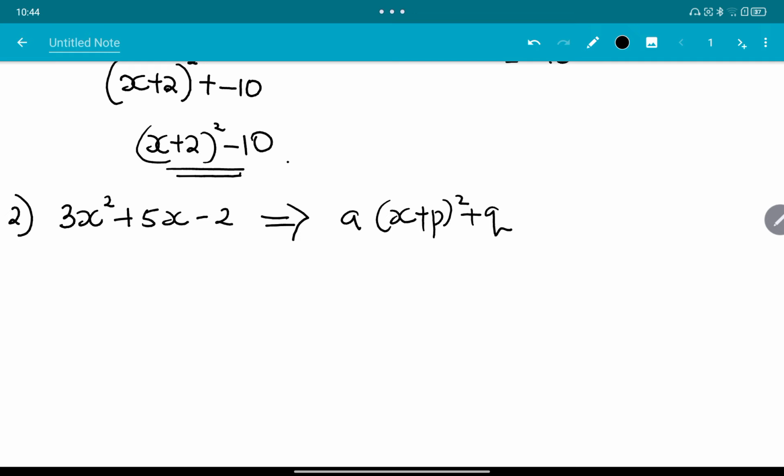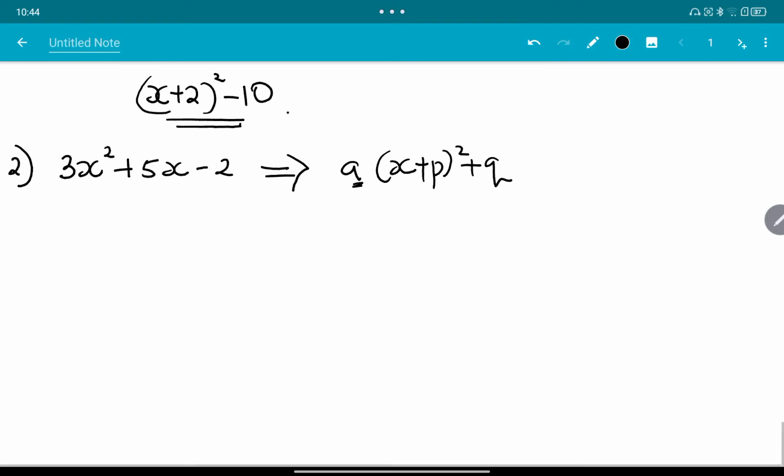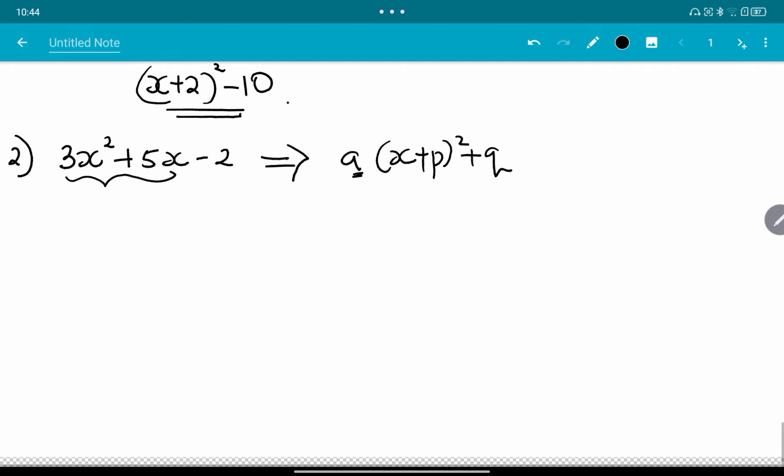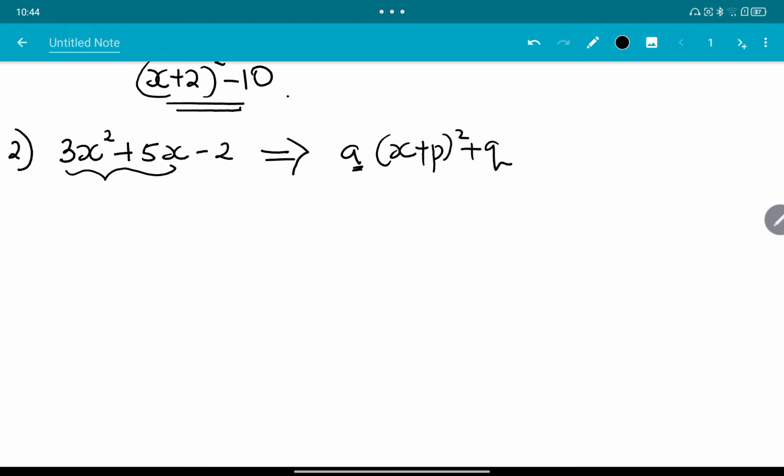Okay? This a, we know how we get the a and the others, okay? But p and q are found the way we just showed up there. So to be able to get a, the first thing we do, we factor out the first two terms, okay? And we factor the 3. We want to make sure the x squared does not have a number.